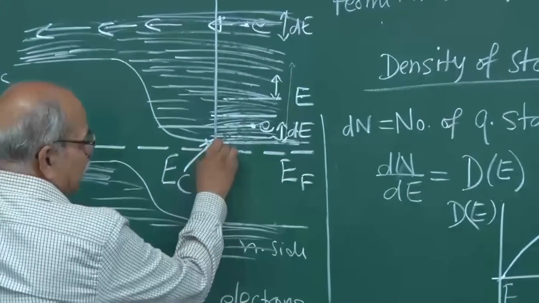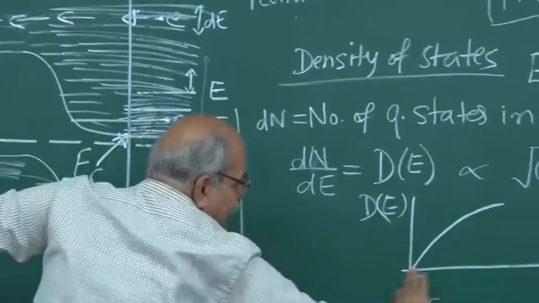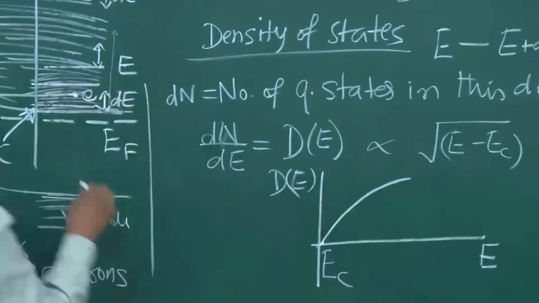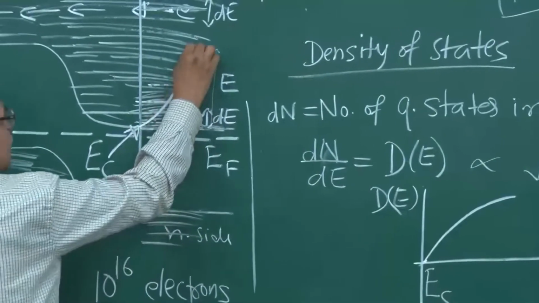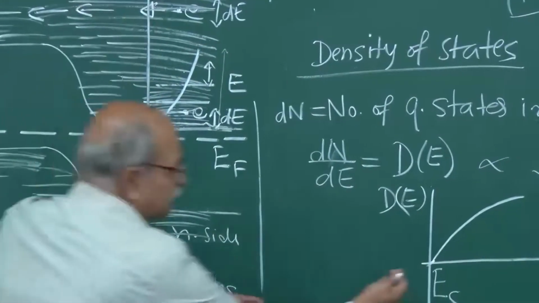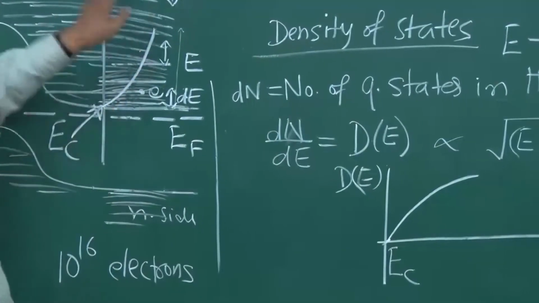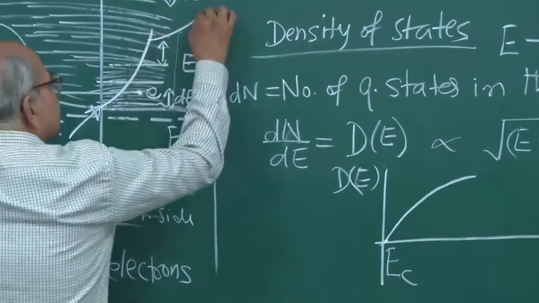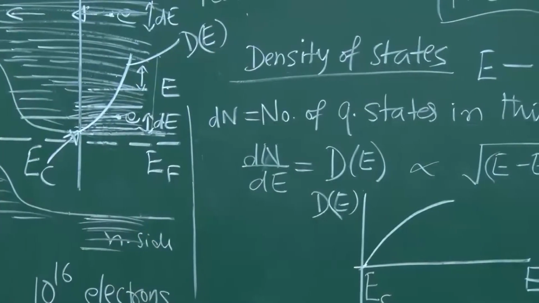Here it is 0, and then you see how it is going. The slope is going down, down, down. So here it will be like this. As I am increasing the energy, it is bending like this. So this will be your D(E), density of states.